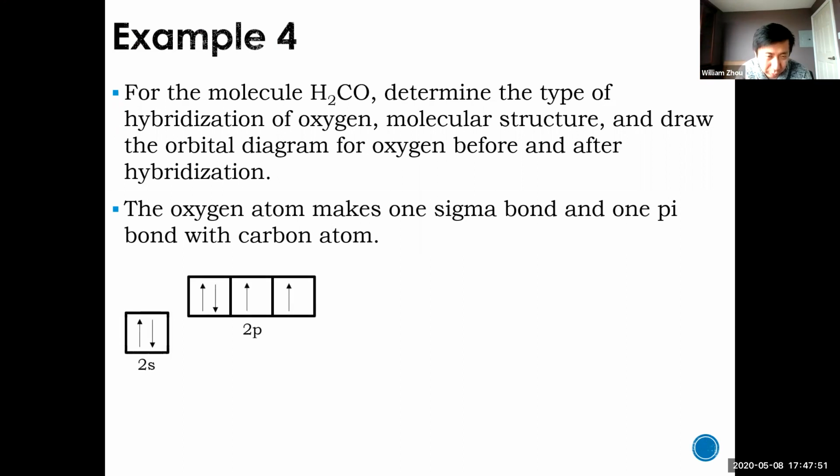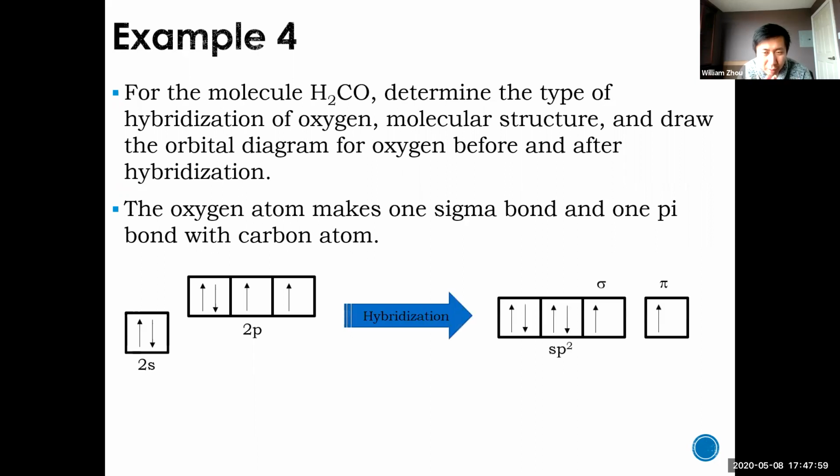This is oxygen, 6 valence electrons with 4 orbitals in the shell. You would then hybridize it like this. Why? Because you just need 1 sigma bond with the carbon, and the other one is a pi bond. So all you have to do is hybridize 3 of them and leave 1 remaining for the pi bond.